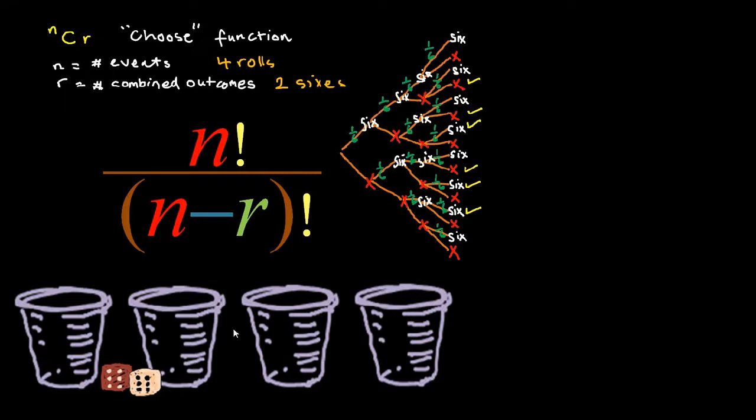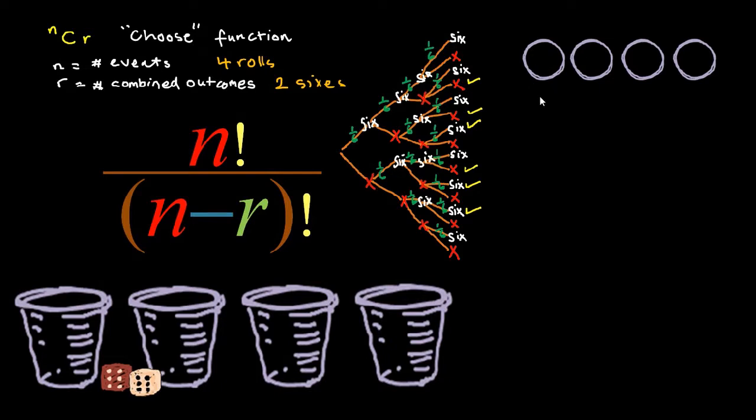Okay, so let's draw out our cups here so that we can see very clearly how we can fit the 2 6s into the 4 rolls. First of all, let's just start with our red dice then, because we're working with permutations here, so it's important what order we roll these dice in.